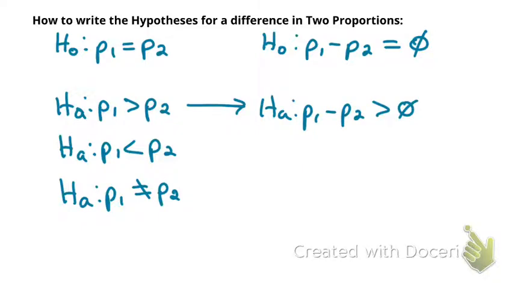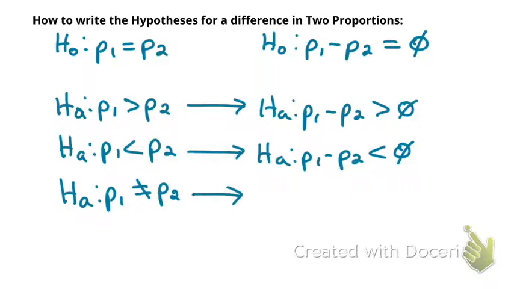All right, the second one. What would the second one look like? P1 minus P2 is less than 0. Perfect. And what would the last one look like? P1 minus P2 is not equal to 0. Awesome. Okay, so just a quick reminder, you will not get a p-hat in your hypotheses.